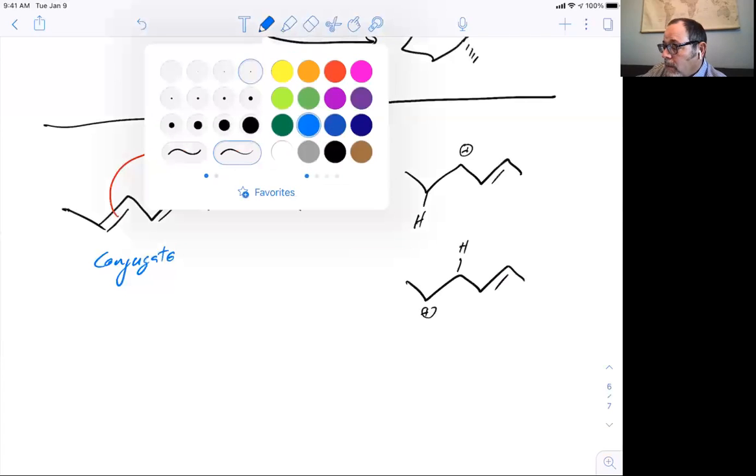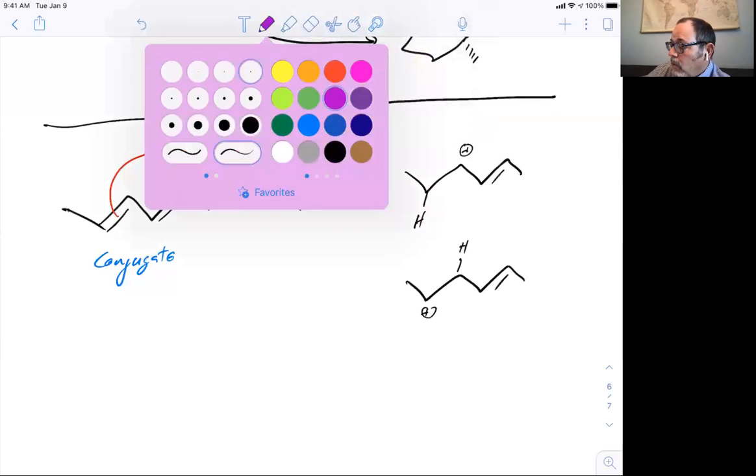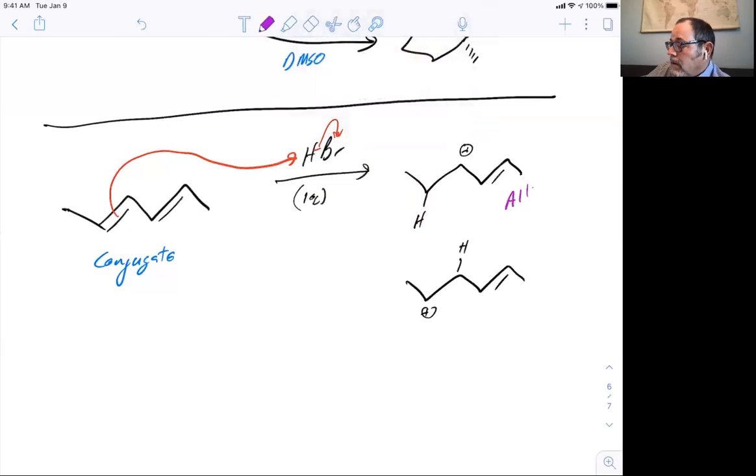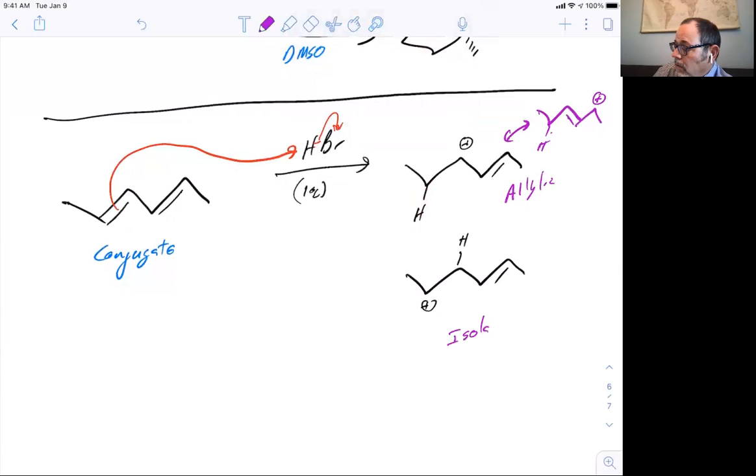So this gives us this carbocation. And what's specific about this carbocation? Well, this is allylic, right? And this could be delocalized to this. This one is isolated, right?